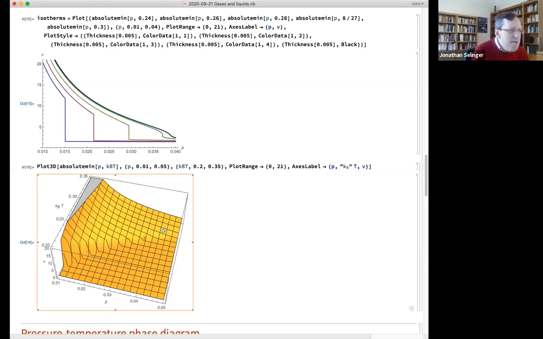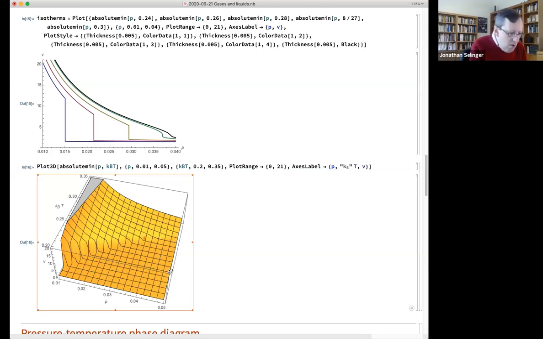Now, you remember one thing that we did with the Ising model is that we looked at the plot from above, and then we just made the phase diagram, to identify for each temperature and each field what is our equilibrium state.